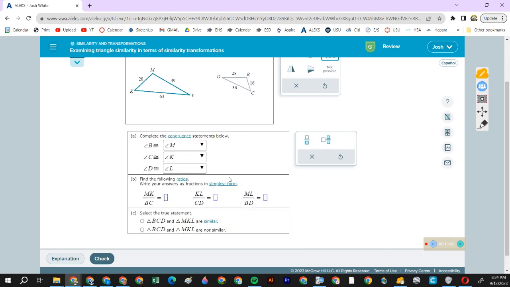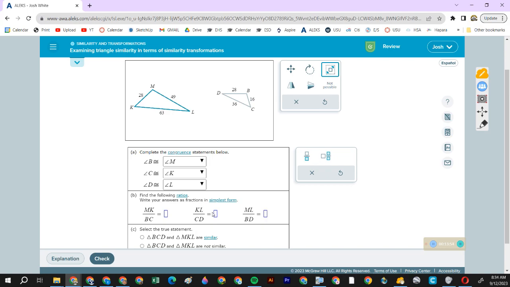All right. Now, this is asking for the fractions. So MK, which is 28, divided by BC, which is 16. So we have 28 divided by 16. We need to simplify that fraction. I can take a 4 out of each of those.